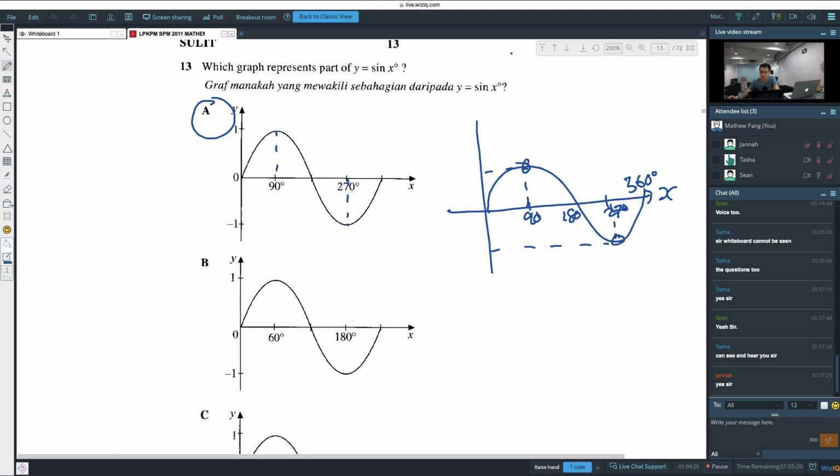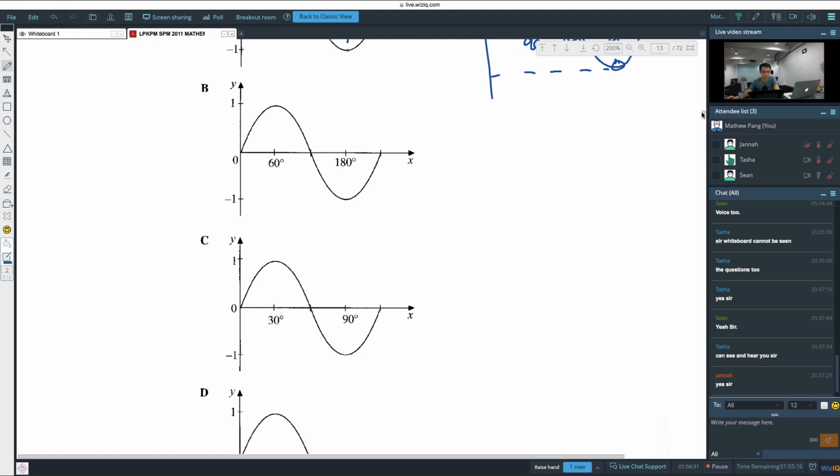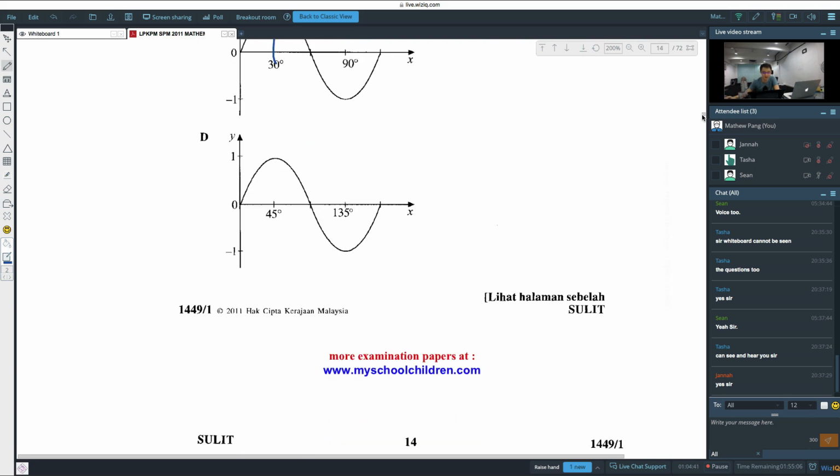So you can have a look at B, C and D. Actually it is not. Because on B, the maximum is at 60 degree, which is wrong. C, the maximum is at 30 degree, which is wrong. And for D, the maximum is at 45 degree, which is wrong also. And over here, since I teach about graphing, I just want you to know something more.